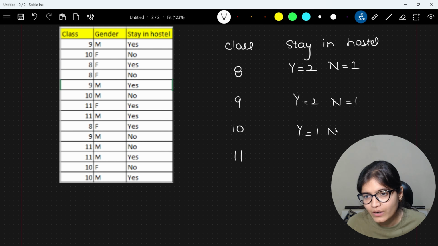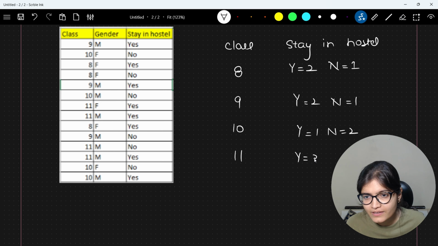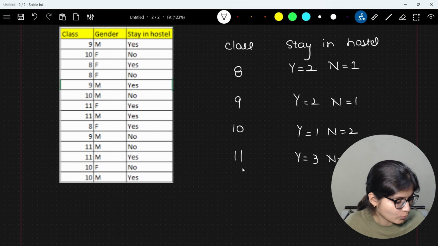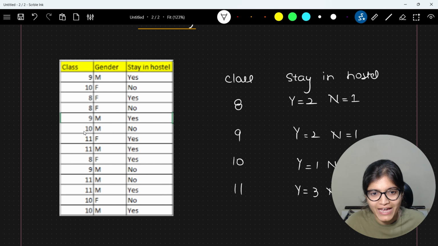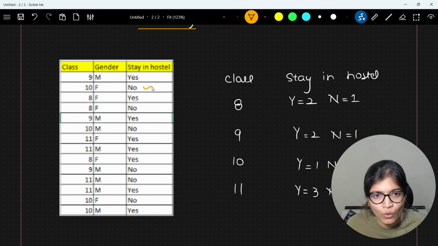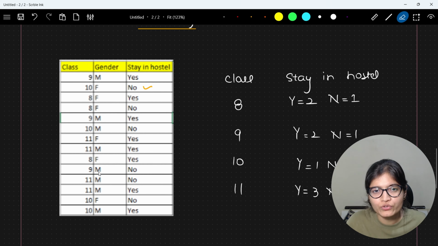For class 11, 1 yes, 1 no. It means 3 yes are there, as far as I can see, and 1 no. With respect to class 10, we have 4 records, so let me rewrite it again. Here we will have 3 no's and 1 yes.